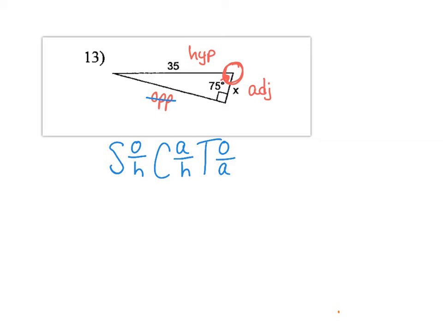Well, we need the trig function that uses adjacent, A, over hypotenuse, H. Oh, that's our cosine function. So we know the cosine of 75 degrees is equal to the adjacent side divided by the hypotenuse.